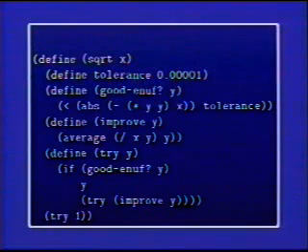There's some loop here inside try, and the loop does something about trying the improvement of y. There's something called improve, which does some averaging and quotienting and things like that. But what's the real idea? Can we make it clear what the idea is?